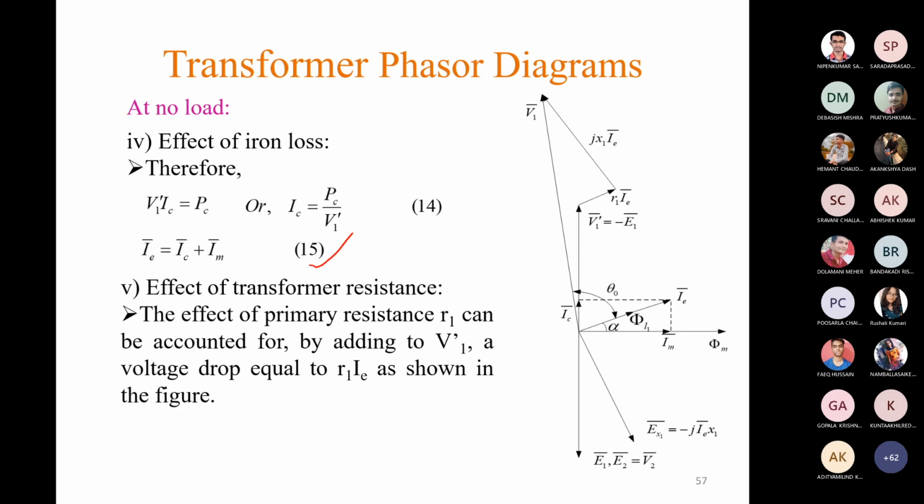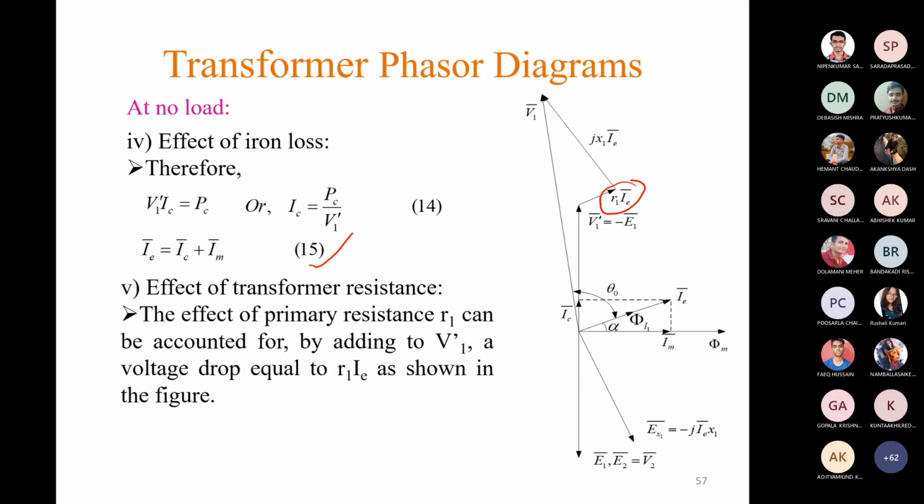Actually we have to add all the voltage drops, not only the resistive drop. So here in the phasor diagram, this voltage drop R1IE, that is the primary winding resistive drop, is added with the voltage phasor V1 dash.